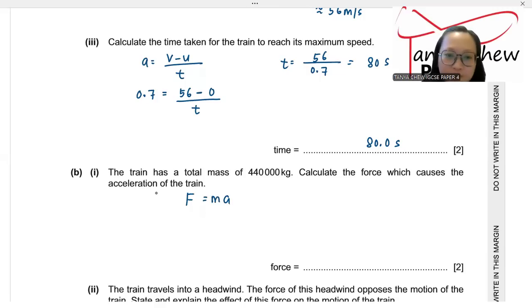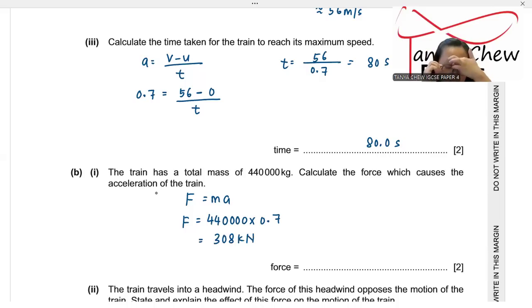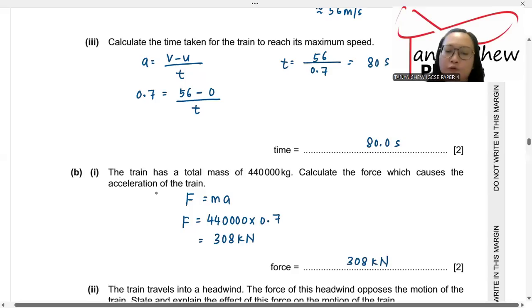So you have to calculate this force. Mass is 440,000. a is 0.7. So the answer should be 308 kilonewton or 308 times 10 to the power of 3 newton. So you can put 308 kilonewton or you could put in standard form. It's up to you.